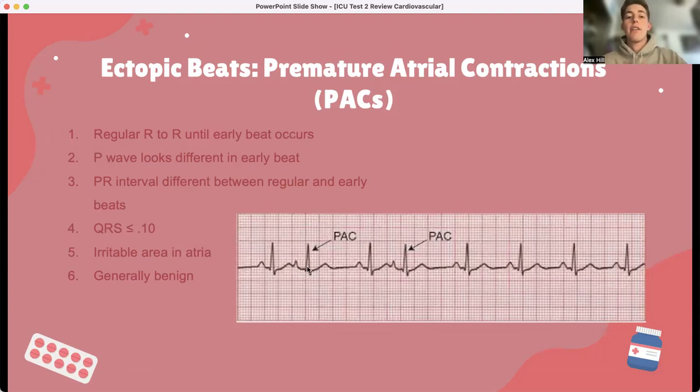So here you have your weird-looking P wave and a premature, or early, contraction. PJC is a premature junctional contraction, and the junction node is another name for your AV node. So junction, AV, you're thinking ventricles. It's either not going to have a P wave, or the P wave is super close to your QRS complex, for the reason that I explained earlier.